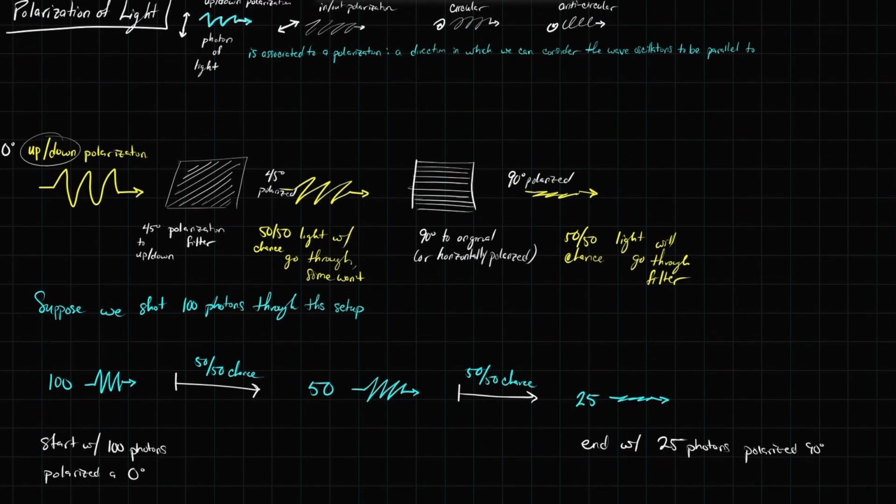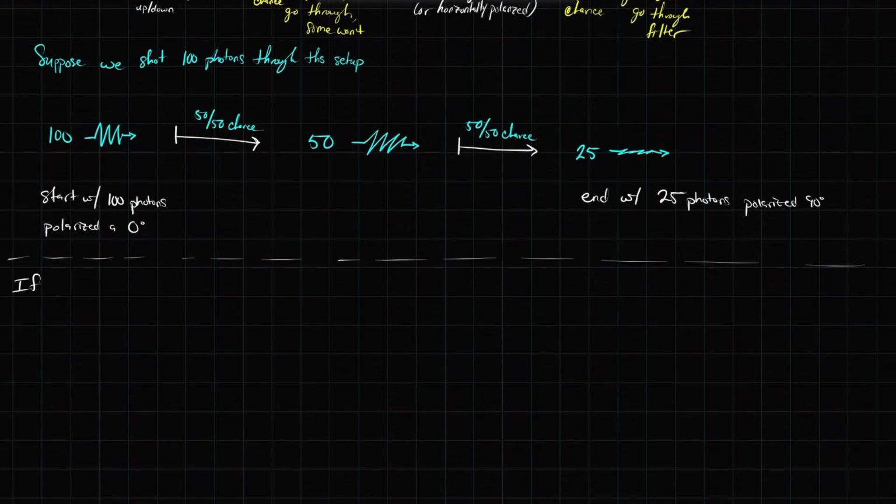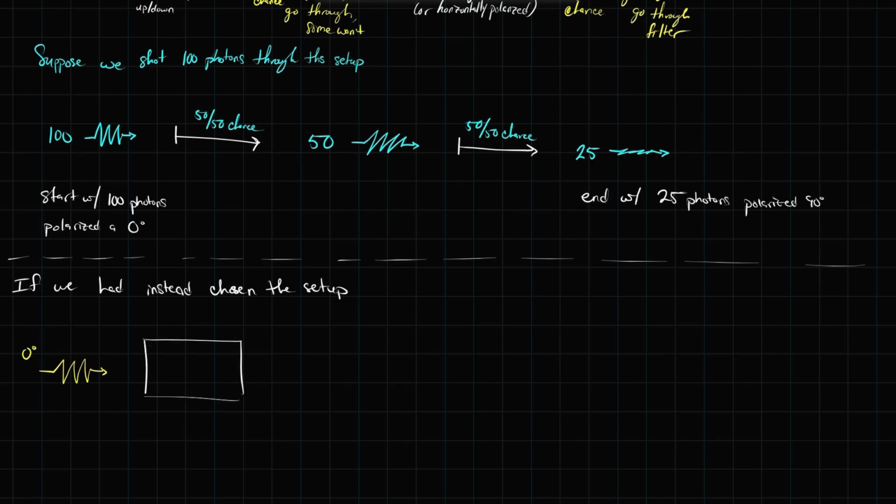Now, what goes on quantum mechanically is that if we had instead chosen the setup where we start with our vertically polarized light at 0 degrees, and then we immediately give it a horizontal filter at 90 degrees, then the output, because we start vertical and we're testing against horizontal amounts, no photons survive.